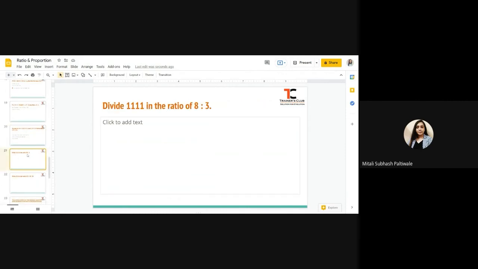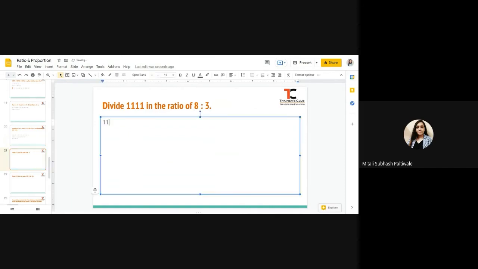Now here is another example. This example says divide 1111 in the ratio of 8 is to 3. Now 1111 is in the ratio of 8 by 3. So how? Look at this. I'll just make it as in parts.